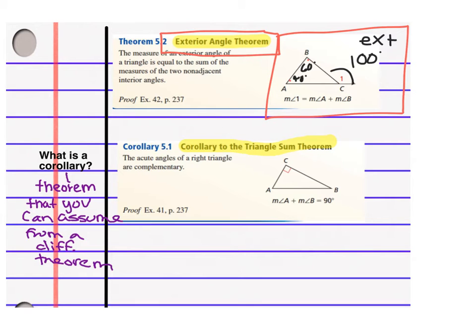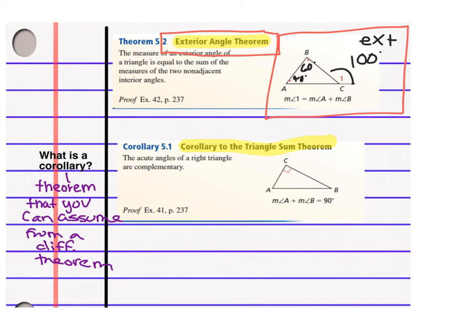Okay, then we have the corollary. A corollary is a theorem you can assume based off of a different theorem: the acute angles of a right triangle are complementary.